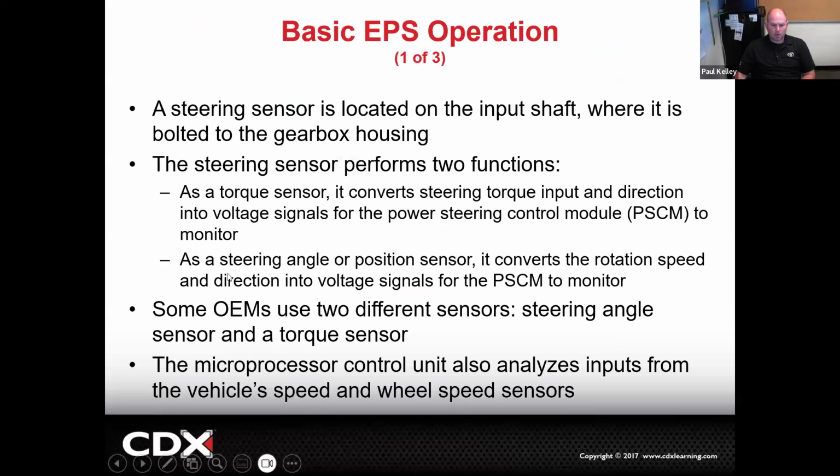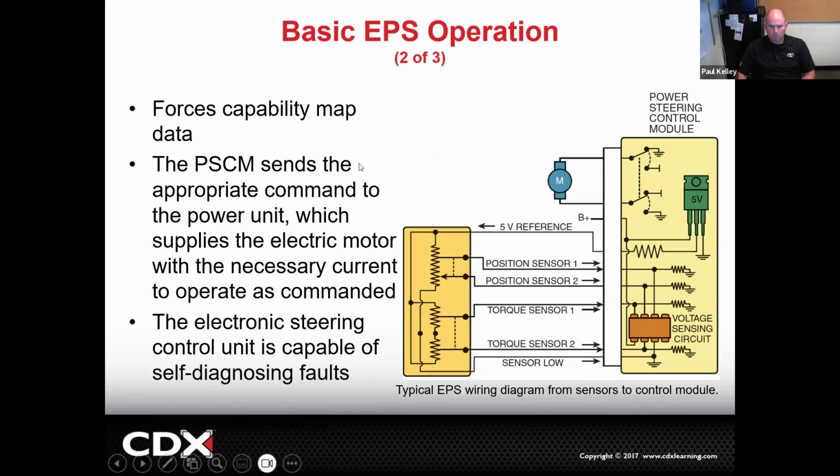This is a lot of words. I'm going to help you. You could take a look at it for a second. A picture's worth 1,000 words. Here's your power steering control module. Your power steering control module needs to have inputs, right?